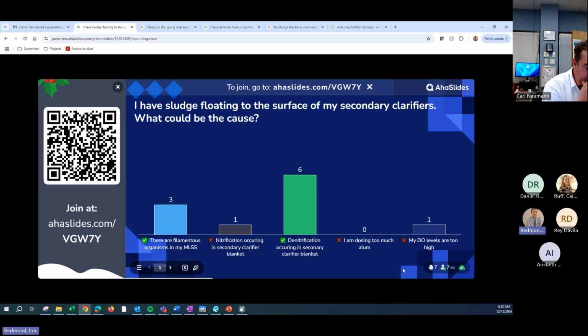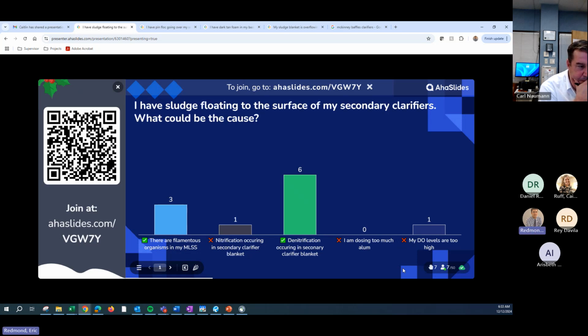In the aeration basins we converted ammonium to nitrate, and now that nitrate enters our clarifiers. If there's no air present, we denitrify that nitrate, making nitrogen gas, and that nitrogen gas lifts up our blanket.